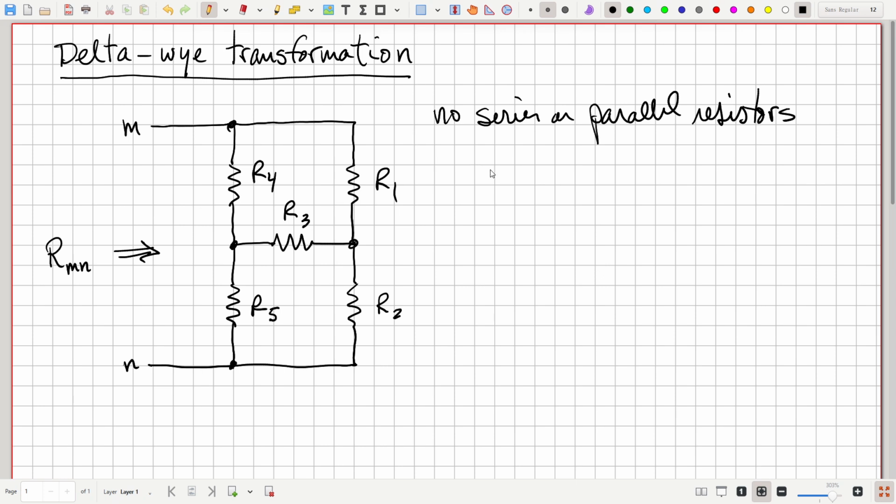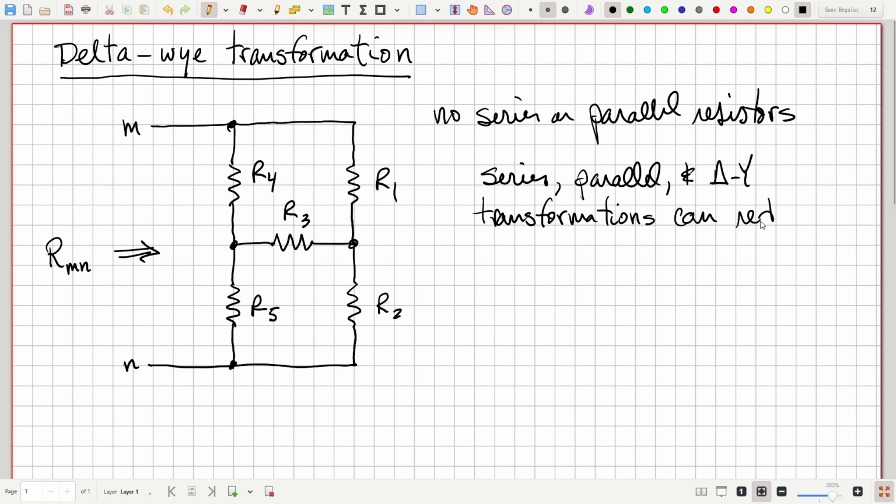It'll turn out that series, parallel, and delta Y, that's the Greek letter delta, Y, transformations can reduce any planar circuit to a single resistor.